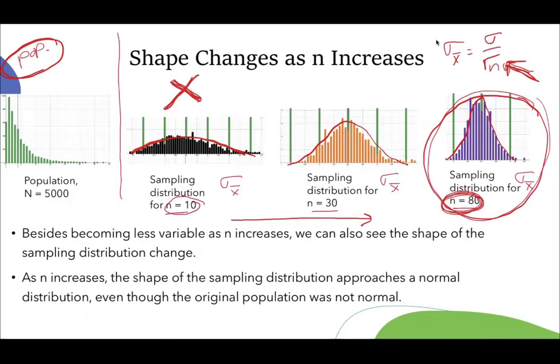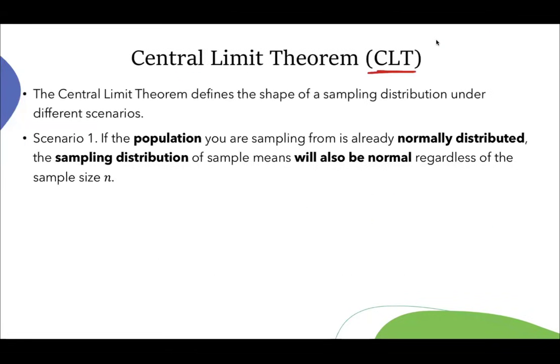So here's the criteria for making that decision. If the population that you're sampling from is already normally distributed, the sampling distribution of sample means will also be normal regardless of the sample size n. We didn't do that example because the population that we worked with in this problem was skewed right.